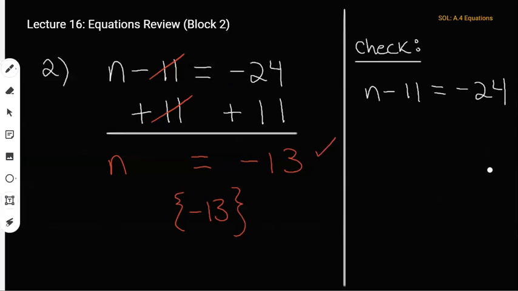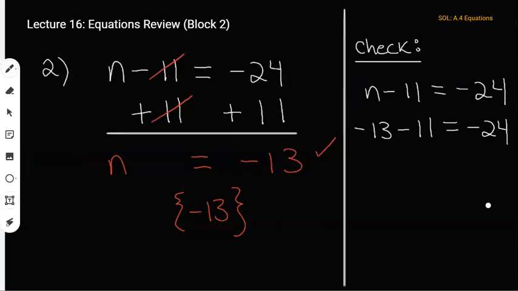Now I'm going to let n be the answer that I just found. I'm going to let the variable be negative 13. So all I'm doing is replacing the variable with negative 13 and just seeing what happens. But I'm keeping everything else the same.